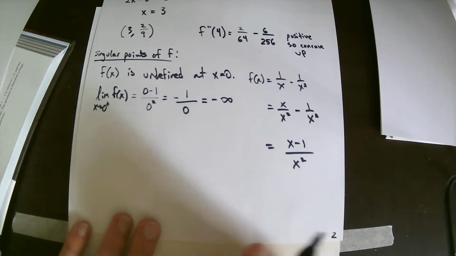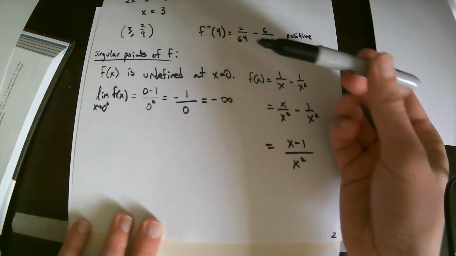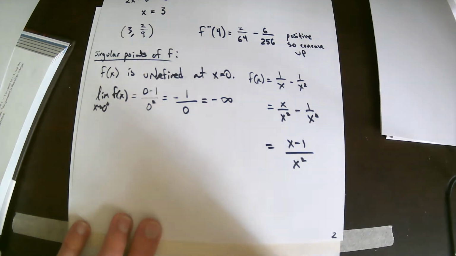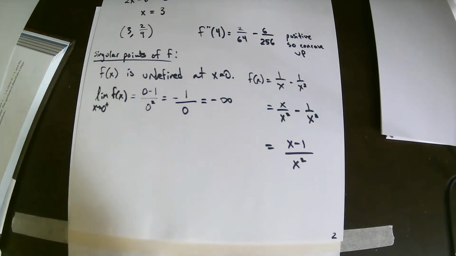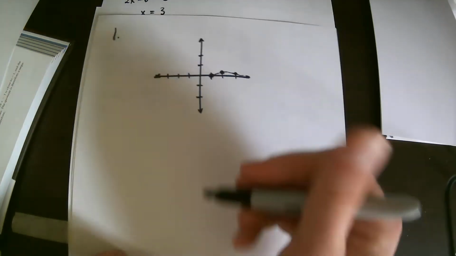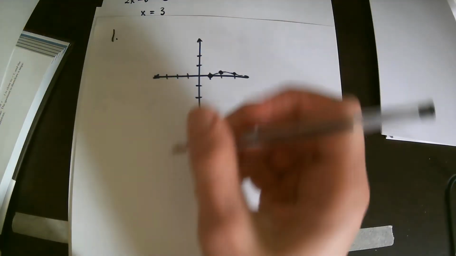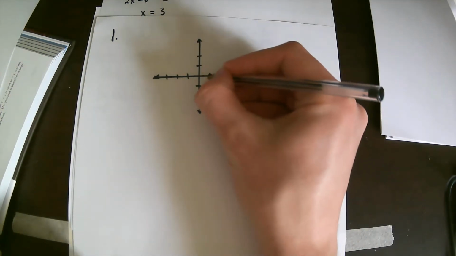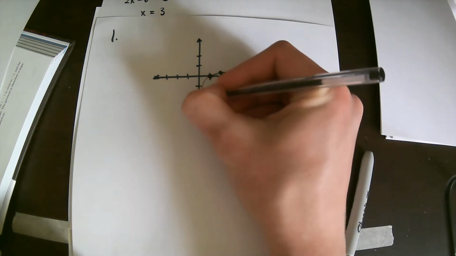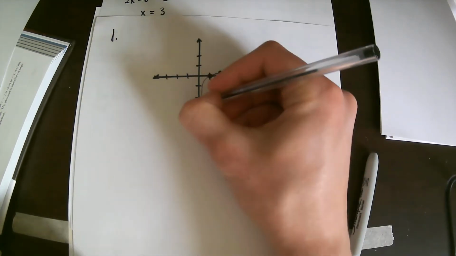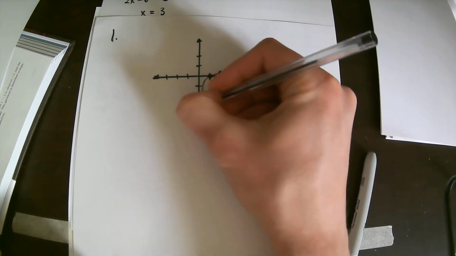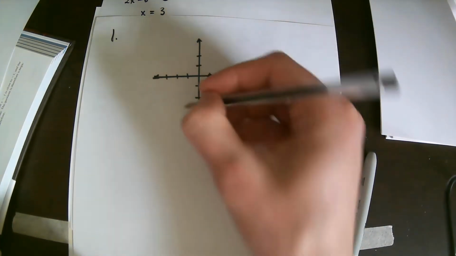So we're getting that as x tends to 0 from the right side, we're going off towards negative infinity. Okay. What about from the left?